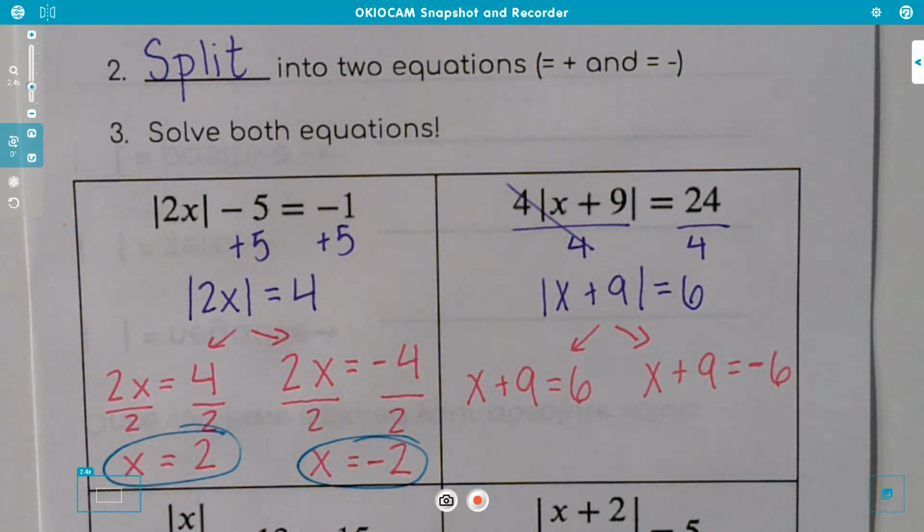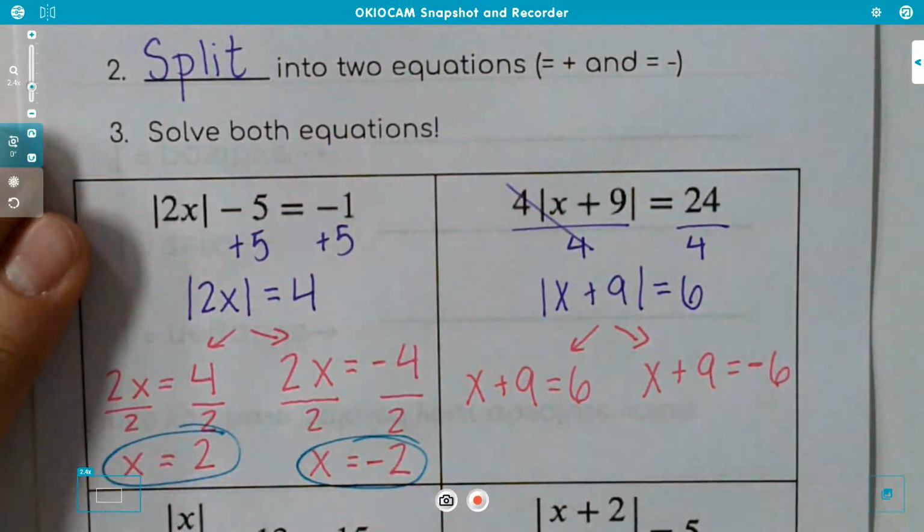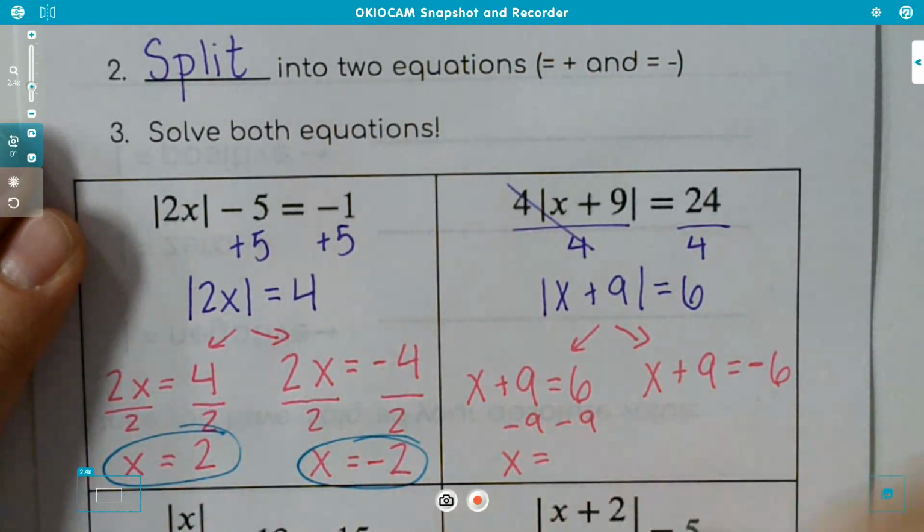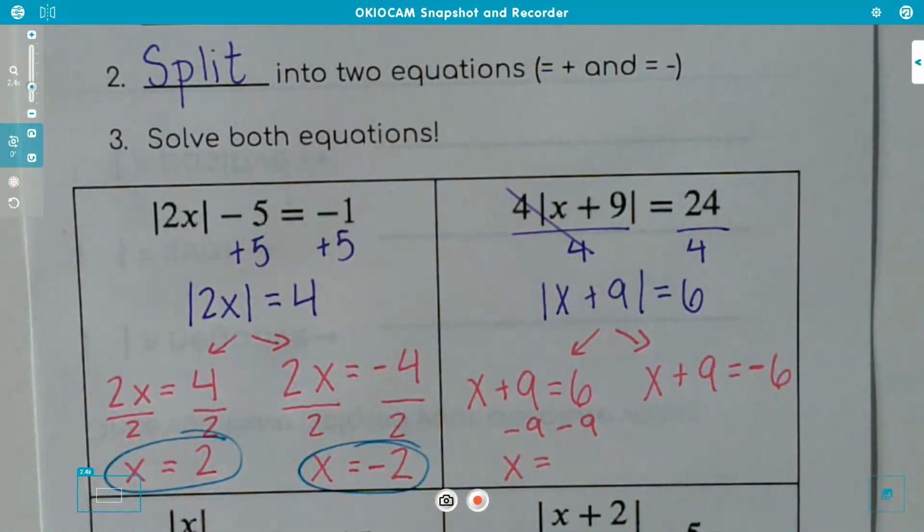Right, and then now we've got 2 more steps to solve. So we are going to subtract 9 here and here. X equals 6 minus 9 is -3.